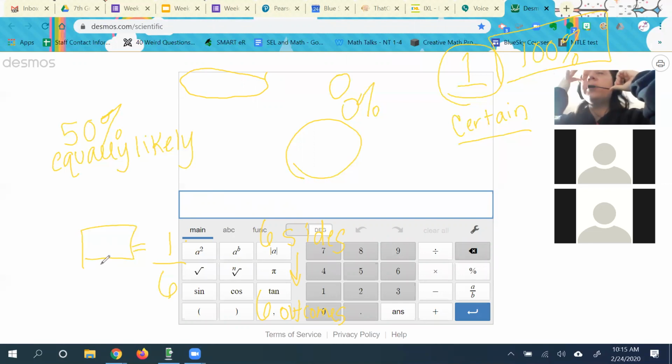So how do you change a fraction into a decimal? That little fraction bar tells us to do an operation. What operation also uses a fraction bar?